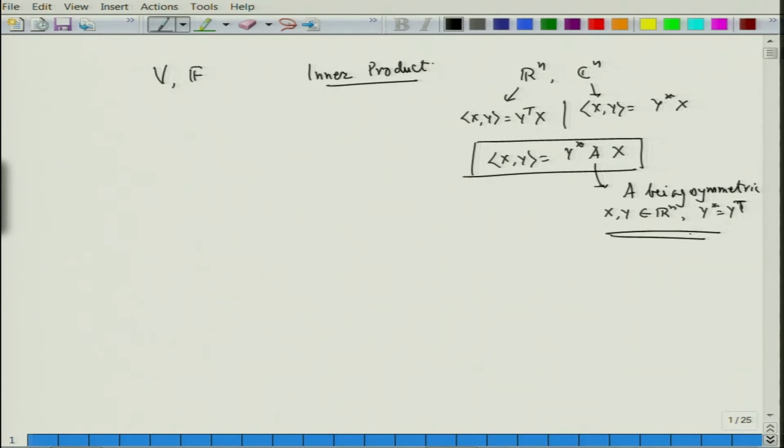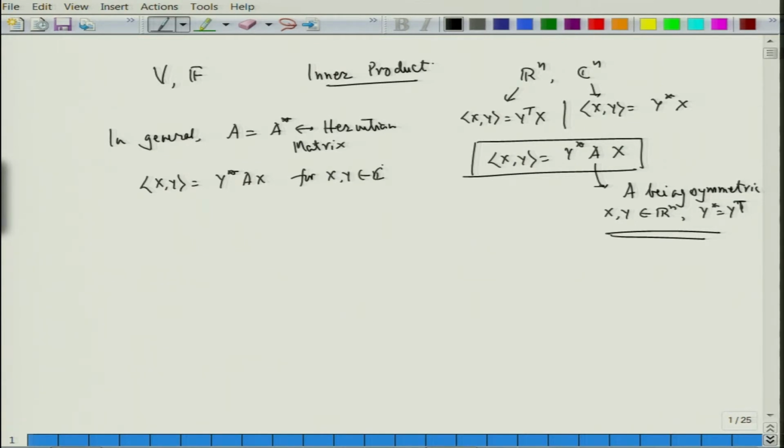But in general, you can take A equal to A star, what is called a Hermitian matrix, and then define <x, y> equal to y star Ax for x, y belonging to Cn.